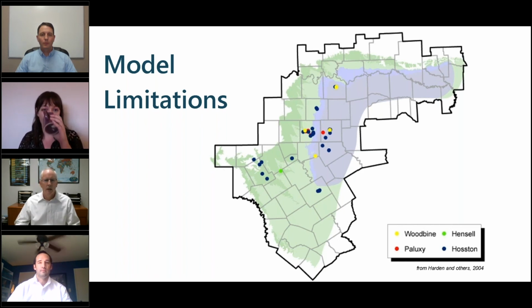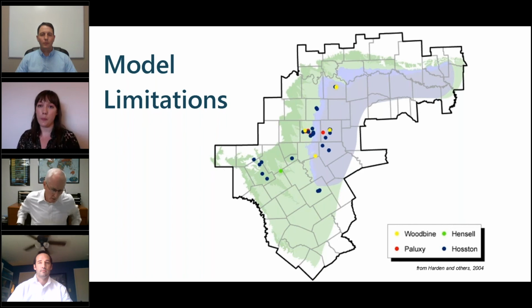And then also the numeric model that you construct will have limitations just based on how you construct it. Again, they're simplified representations of the natural system. You're putting together grid cells that might be a mile by a mile. You've got a lot of lumping and averaging that have to go in there.